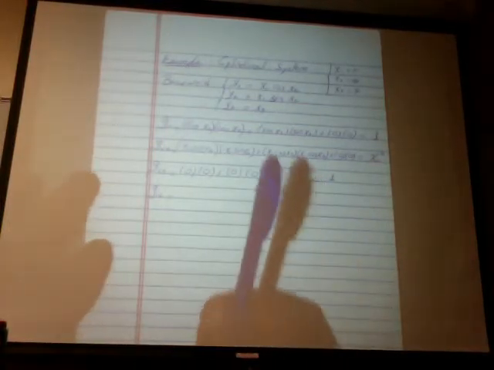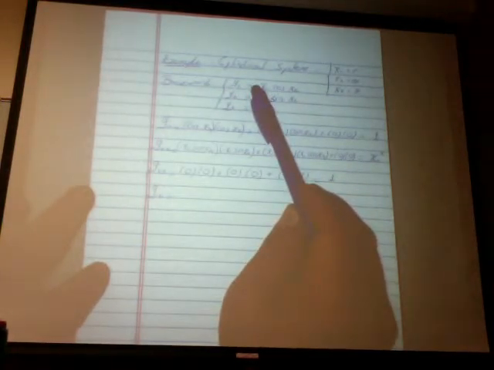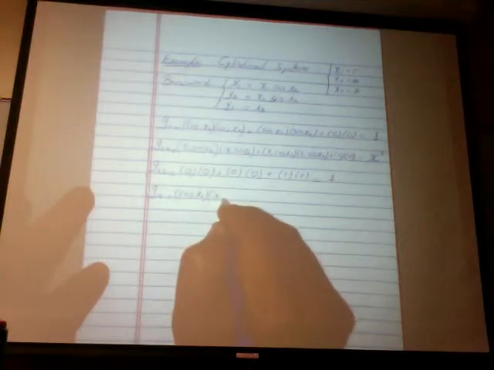Let's compute the off diagonals. G12. Alright, so it would be this one with respect to x1 times this one with respect to x2. Right? So this one with respect to x1 will be cosine x2, and this one with respect to x2 will be minus x1 sine of x2. Agreed?